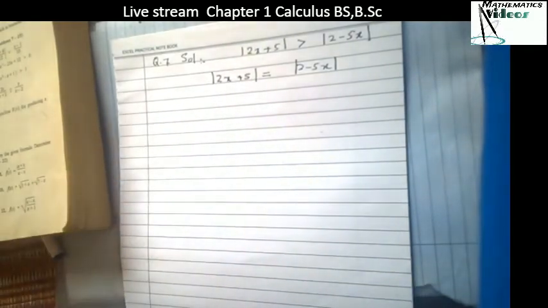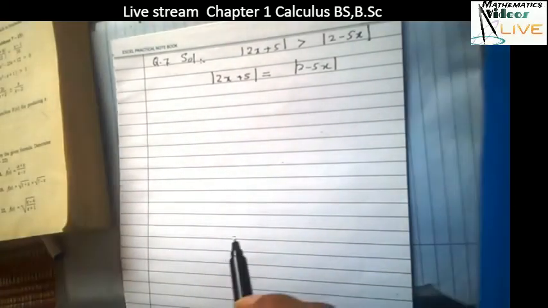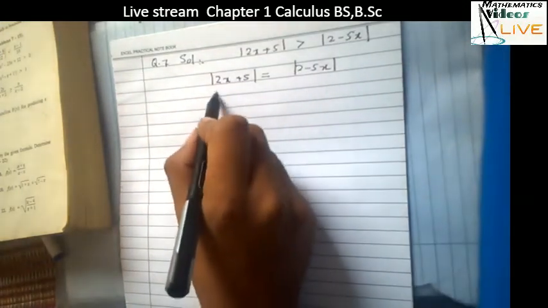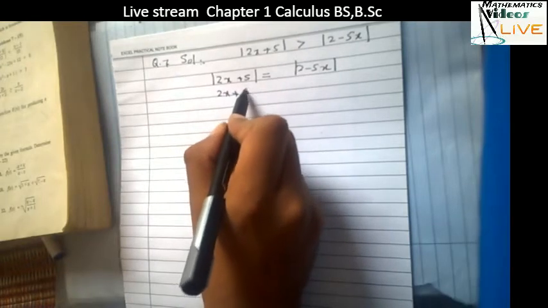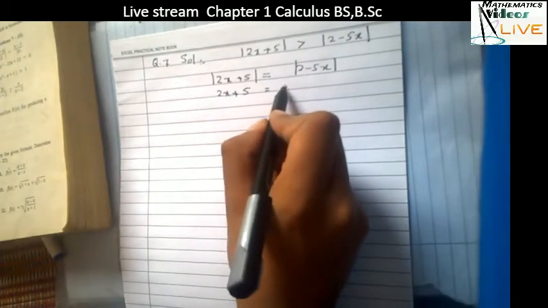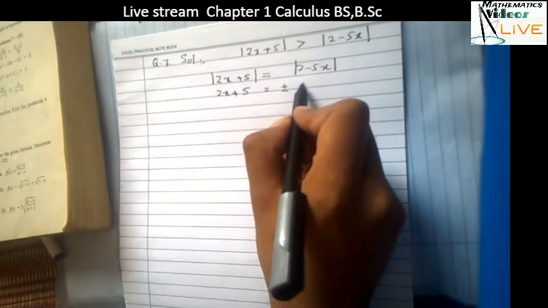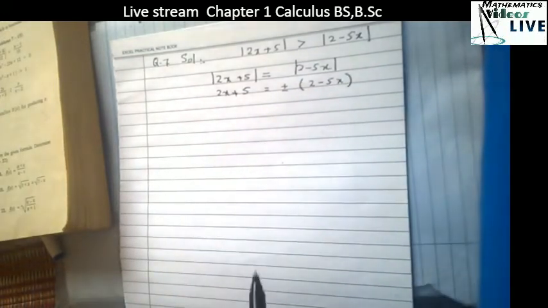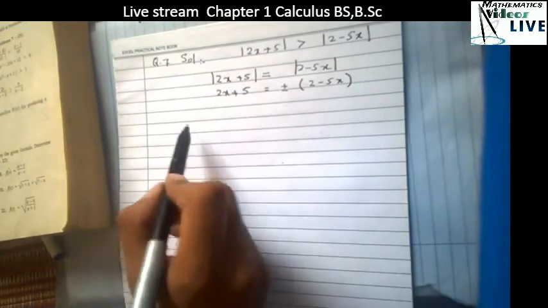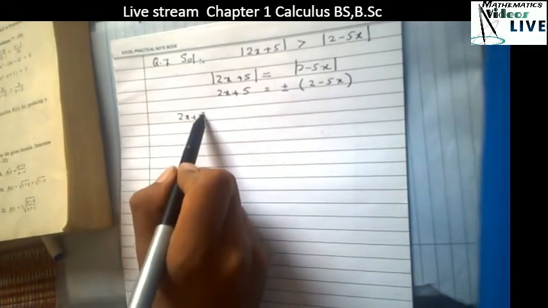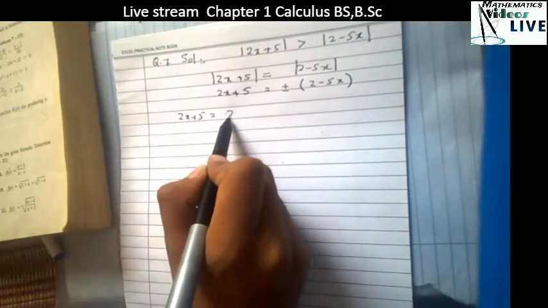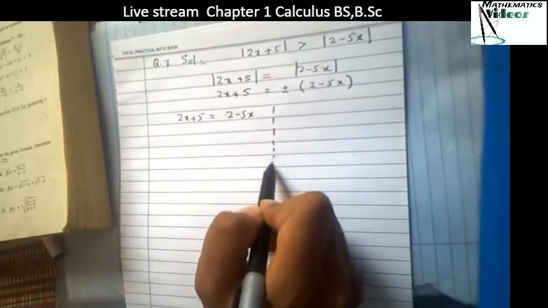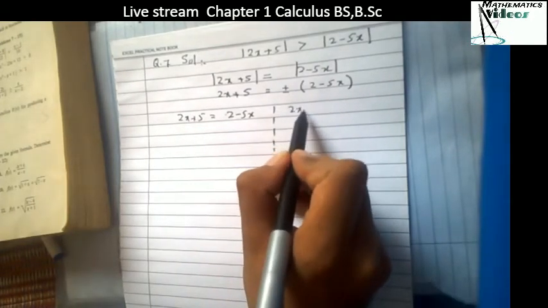So the associated equation is: absolute value of 2x plus 5, where the inequality sign is replaced by an equality sign, equals absolute value of 2 minus 5x. This equation can easily be solved by removing the absolute sign. We get a plus and minus.